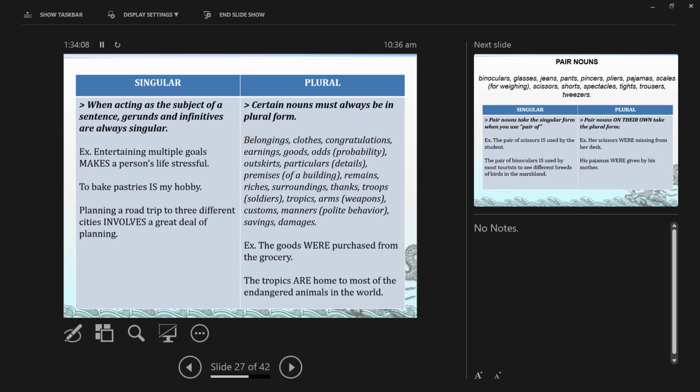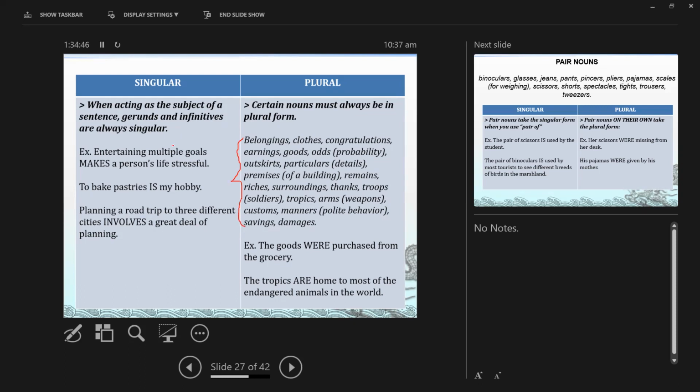These are examples of some nouns that you can never remove the S. Belongings, clothes, congratulations, earnings, goods, odds, outskirts, particulars, premises, remains, riches, surroundings, thanks, troops, tropics, arms, customs, manners, savings, damages.